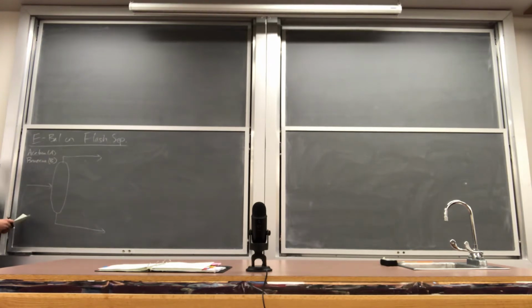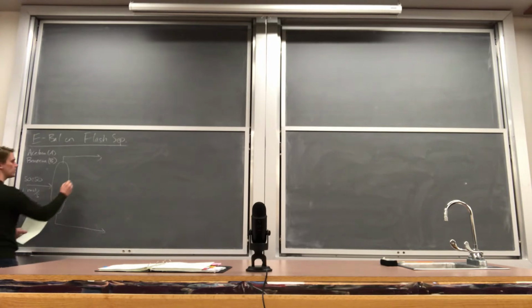An AB mixture. It's going to be 50-50 molar composition being fed at 1 mole per second and at 20 degrees C and 1 atmosphere. So this is all going to be liquid.